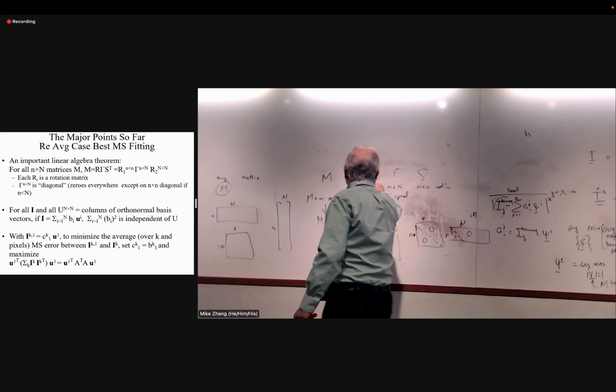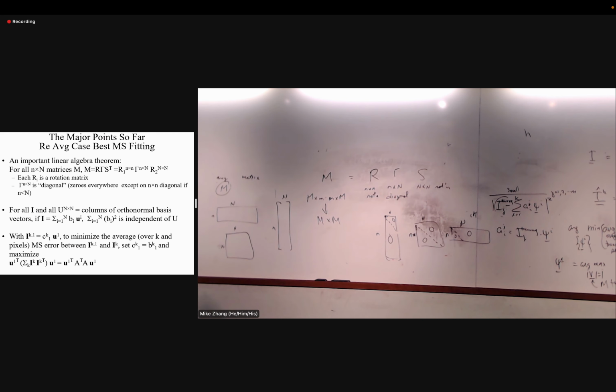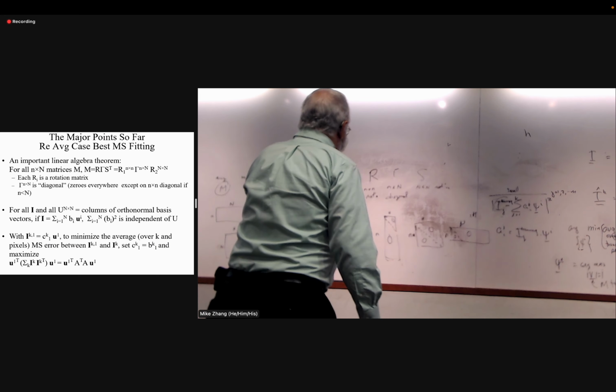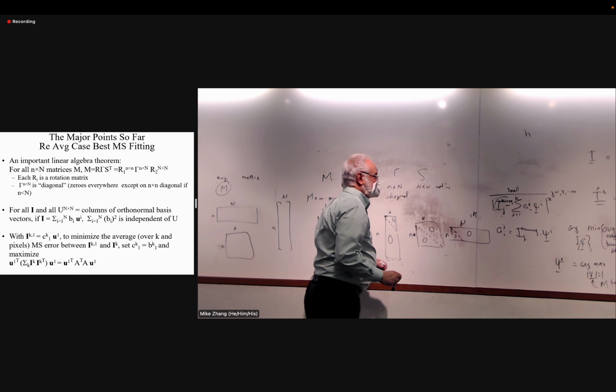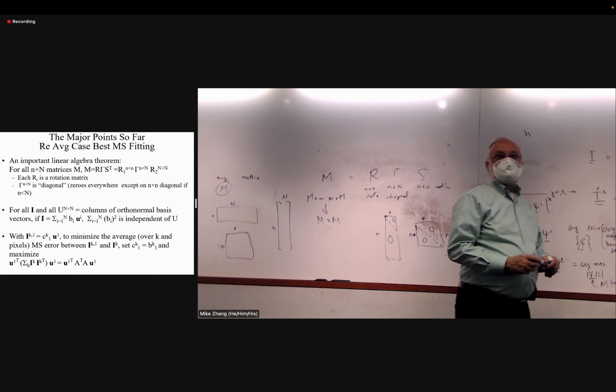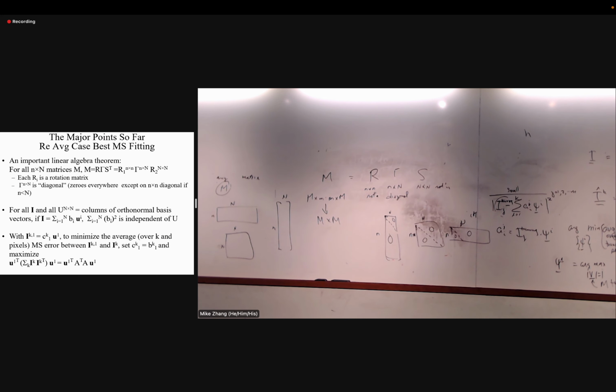And then there's a rotation of the coordinate system. The easiest one to understand is when little n equals capital N. Okay?